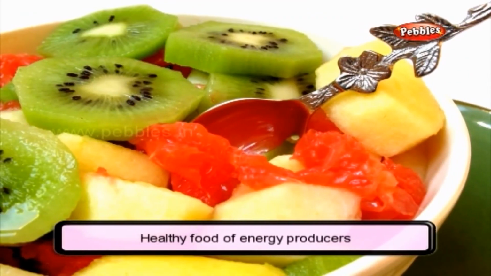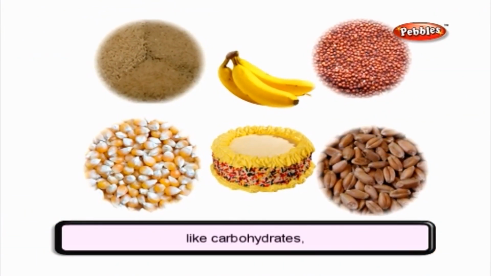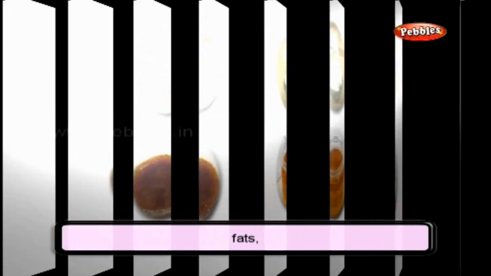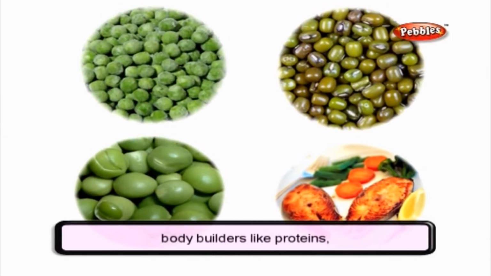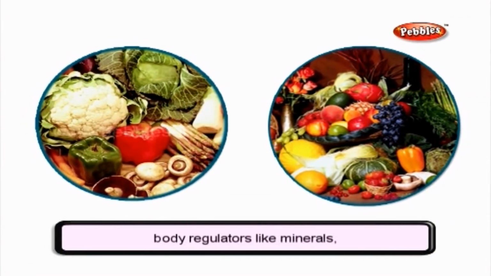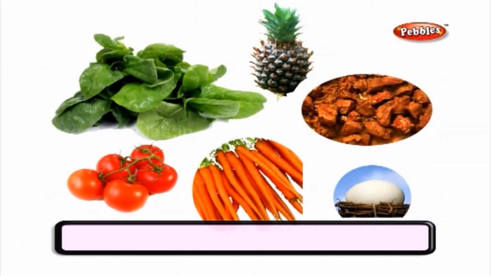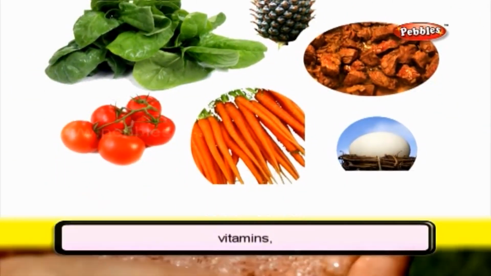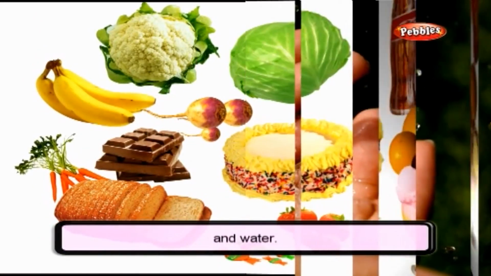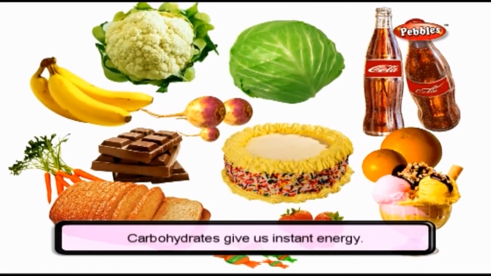Healthy food consists of energy producers like carbohydrates, fats, bodybuilders like proteins, body regulators like minerals, vitamins, and water. Carbohydrates give us instant energy.